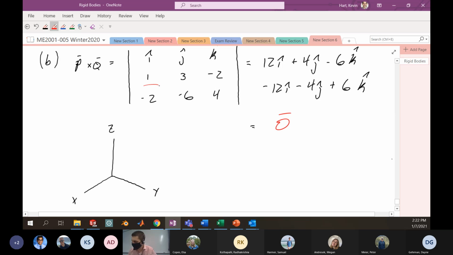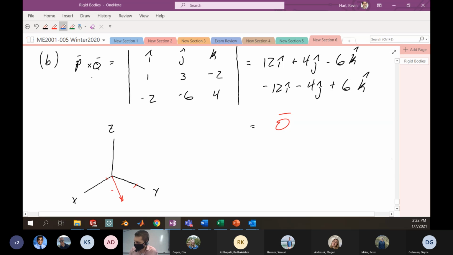It's 1 in i, 3 in j, minus 2 in k. So that guy's somewhere down out here. It's a decent representation of that particular vector.